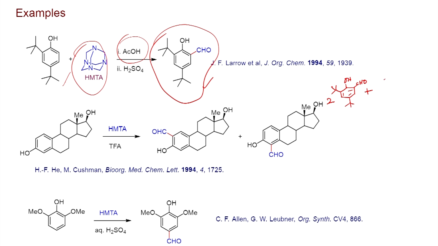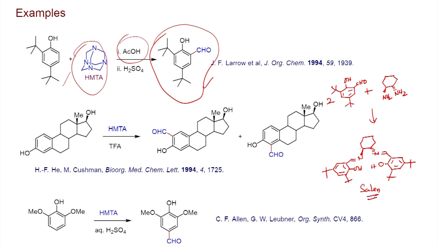For example, if you take cyclohexane diamine, when you mix them and stir in alcohol solvent, you will be able to form this as a salen ligand.